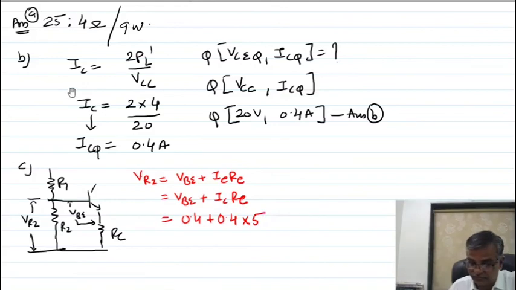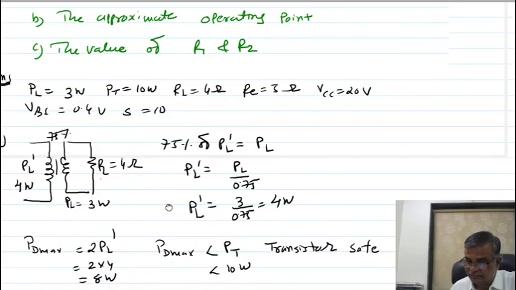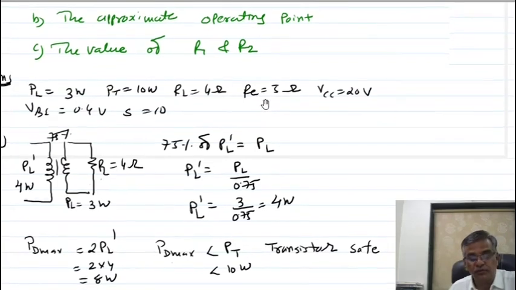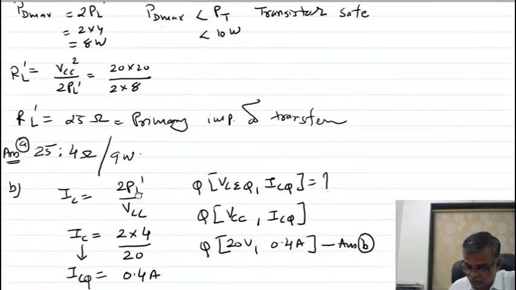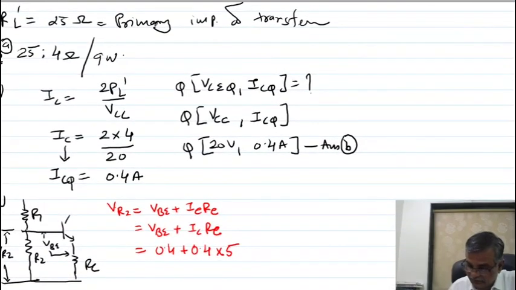Check your circuit, here they have given 5 ohm. So I can write VR2 is equal to 2.4 volt, and you know this is VCC.